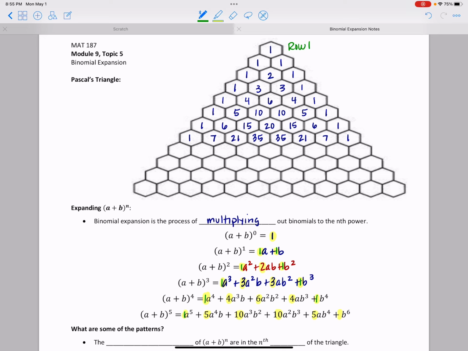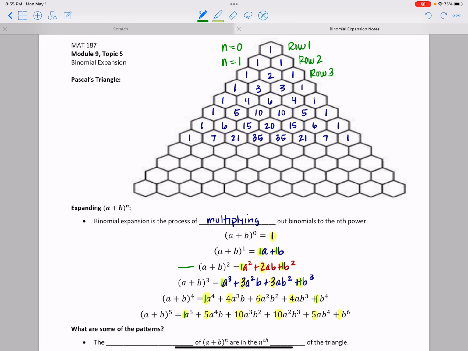So this would be what we would call row 1 of the triangle. Well, when our power n is equal to 0, we end up with just a 1. Or here we have row 2, and when we had n equals 1, we ended up with those coefficients of 1 and 1. And then in row 3, we see the 1, 2, and 1. That's what we see in the second power here.